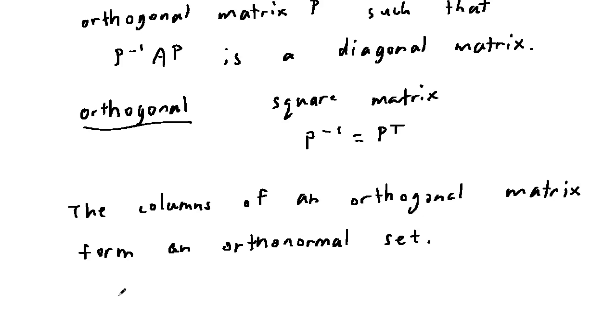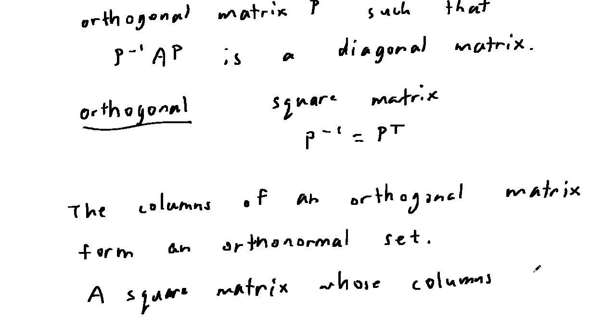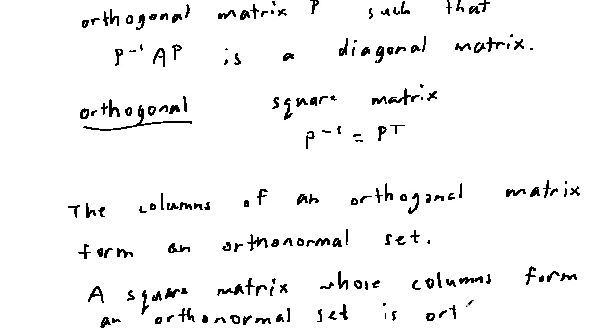Okay. Conversely, a square matrix whose columns form an orthonormal set is orthogonal.